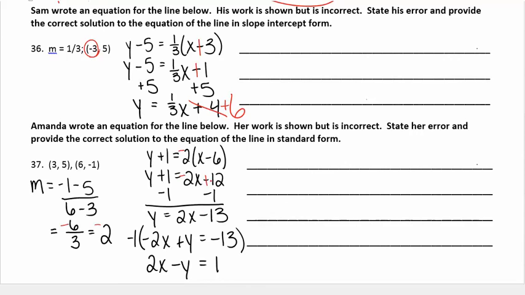So instead of negative 13 here, you're going to have minus 2x. You're going to get positive 11, and here again it's positive 11.